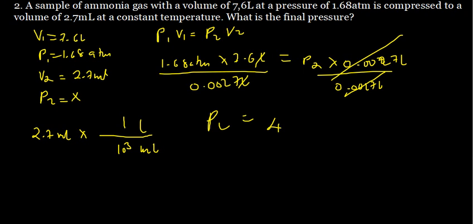So this one has given me 4,728.9. The unit is going to be in atmospheres. So this is going to be the value. We see that the pressure is much higher because the volume was too small. This one is actually in milliliters, so it was very small.